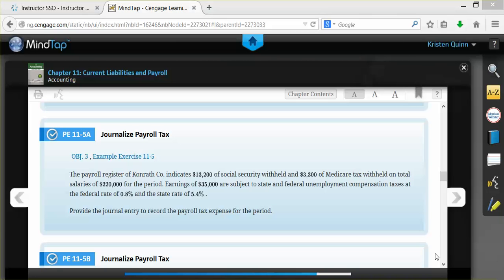So our debit is going to be to payroll tax expense. We are not going to fill that number in until the end, as it's just going to be the sum of all of our payroll taxes. The employer is required to match both Social Security and Medicare that's withheld from their employees' paychecks.